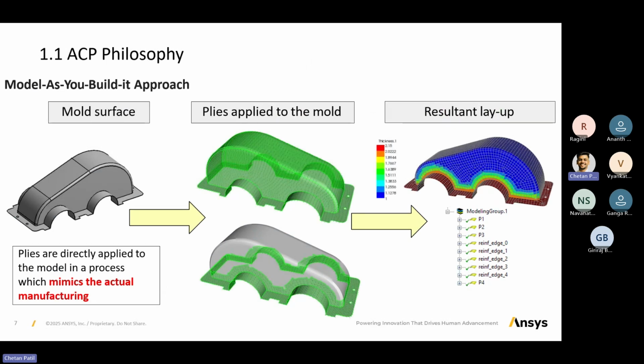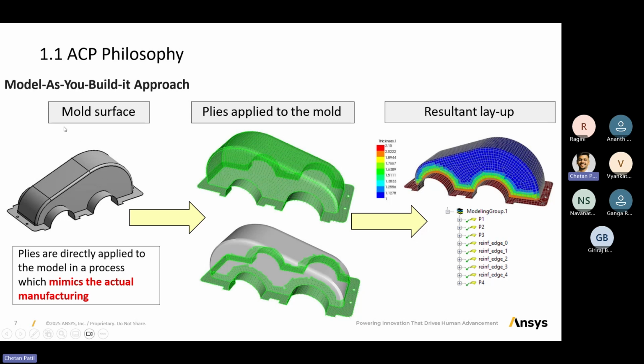What things and what approach do you need to consider whenever you are beginning with the ACP module or creating a composite? Usually the philosophy here is defined as the model-as-you-build approach. Basically, whatever approach you usually use to build a model or develop a composite model, the same kind of approach you need to make use of here as well.